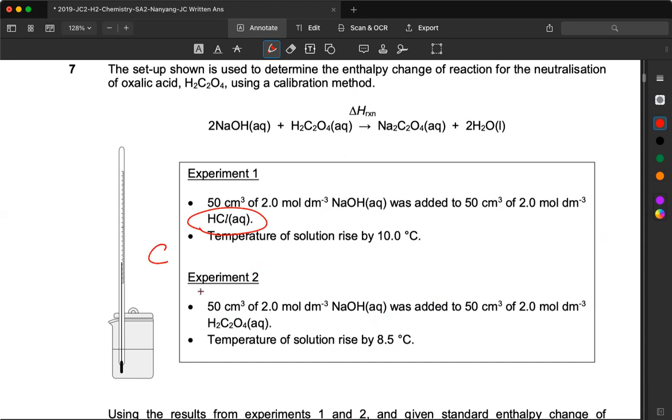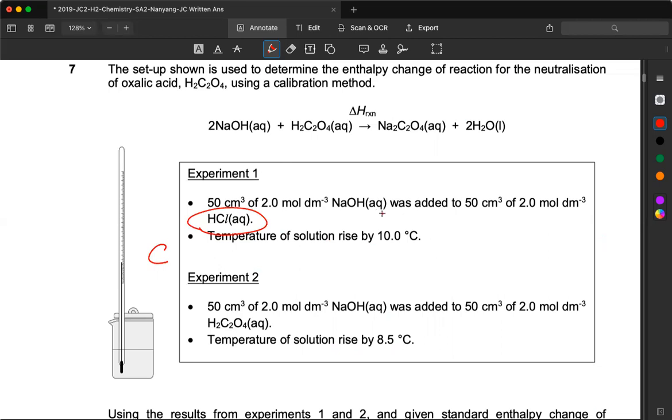We need to understand that the total amount of heat evolved depends on how much water is formed, because this is enthalpy change of neutralization. So it depends on the number of moles of water. For the first experiment, there is no limiting reagent. It's the exact amount for each reactant.